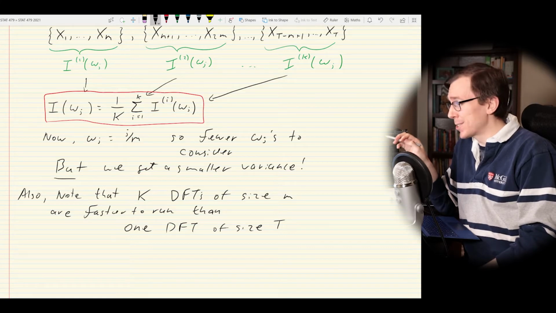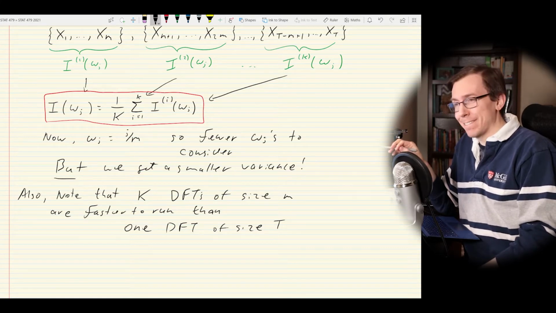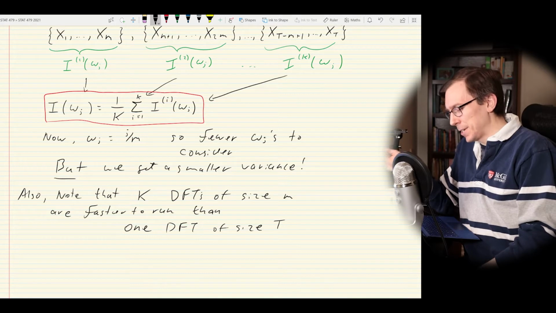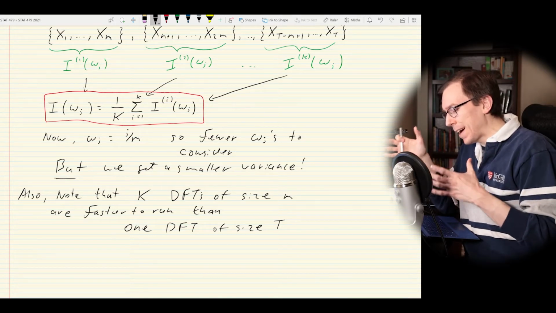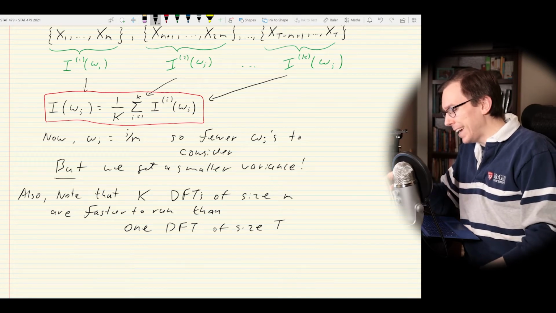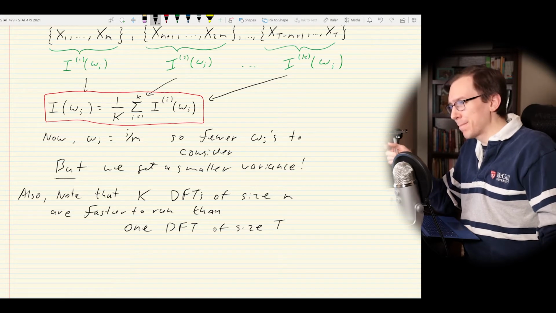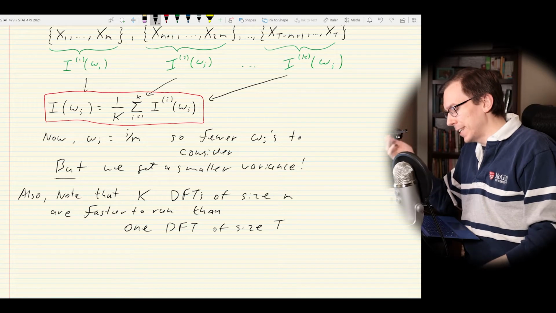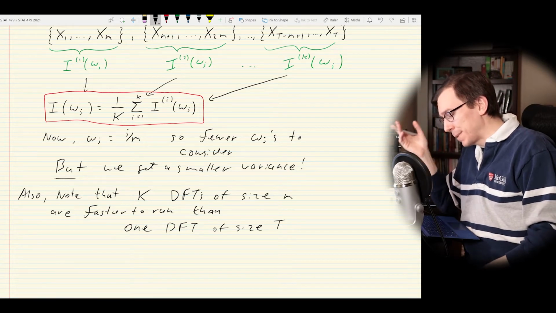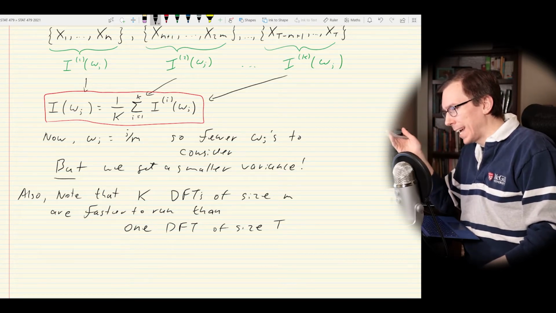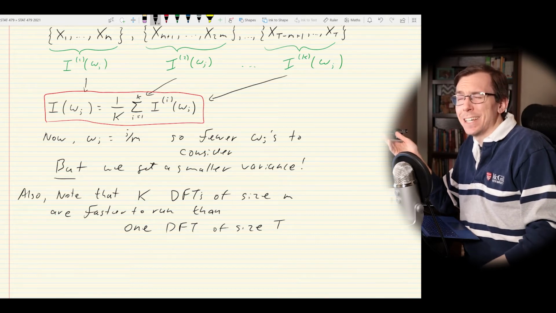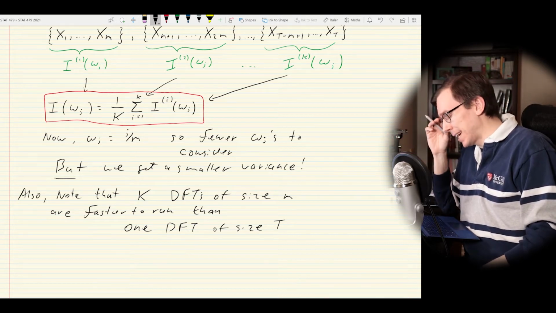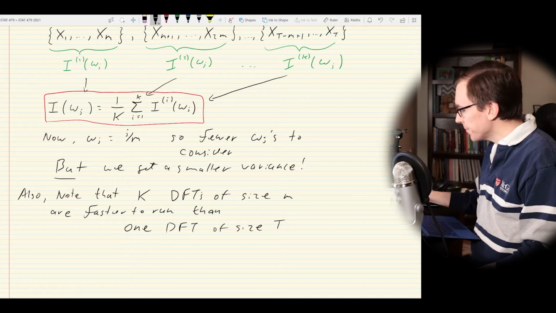I'd have to double check my notes earlier up, but regardless, it's beyond linear, which means that if I break this up linearly into a bunch of chunks, it's faster to do k small DFTs than one big DFT. Even if you compute it using the FFT, it's still a savings because the complexity is superlinear. The complexity grows faster than linear.